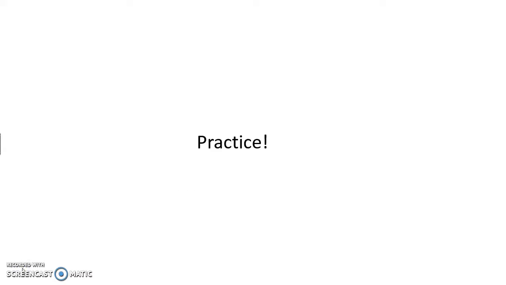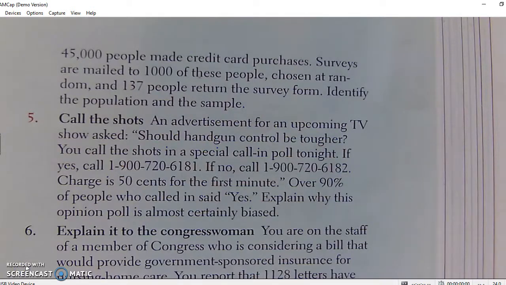Now let's take some time to do a couple of examples to put what you've just learned into practice. The following problem is on page 229 of your textbook. Call the shots. An advertisement for an upcoming TV show asks, should penguin control be tougher? You call the shots in a special call-in poll tonight.